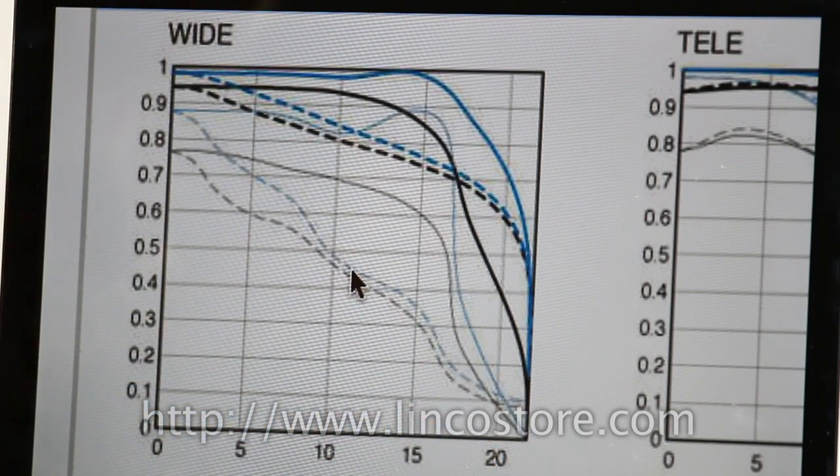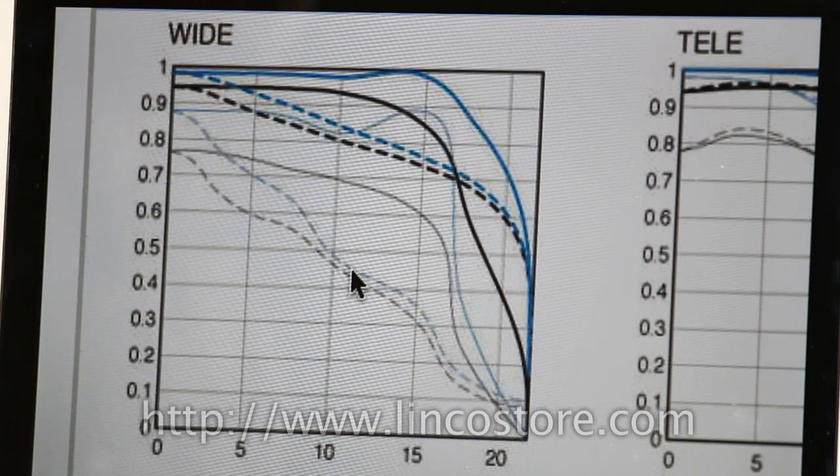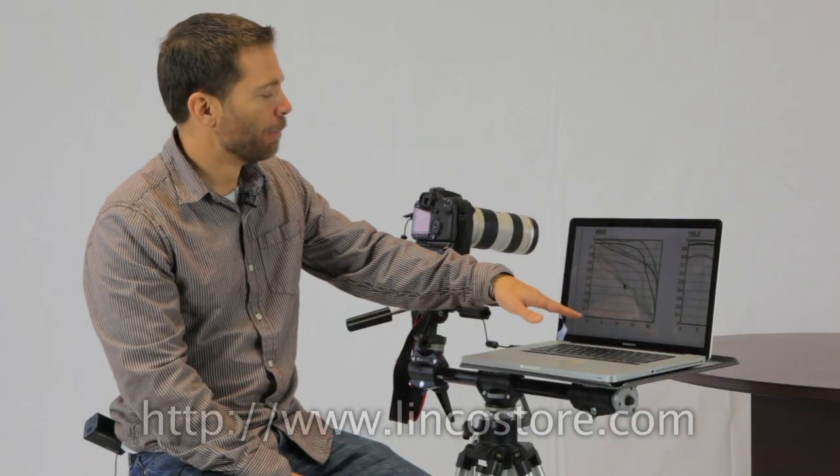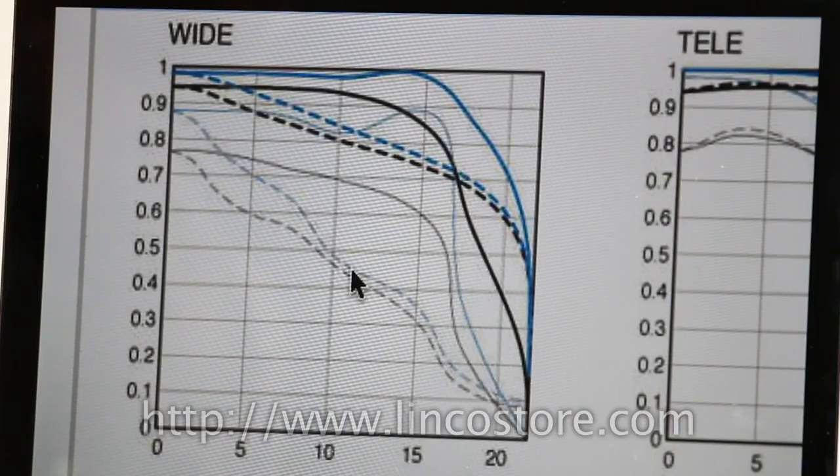So this represents a full frame 35mm camera. Just remember that the larger the number down here, the further out towards the edge of the frame we're talking about. It's at the edges or the extremities that most lenses are going to have the most difficulty performing well on this chart.